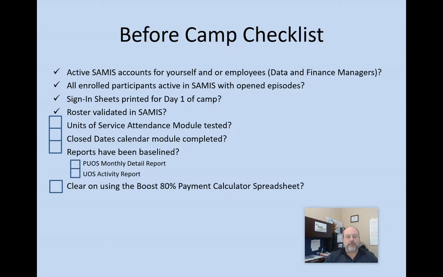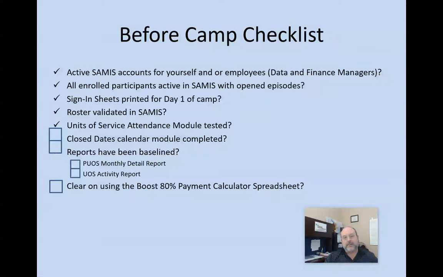Another thing that you'll want to look for is whether or not your closed dates calendar has been completed. We'll get to that next, but you can actually do the closed dates module before testing your Units of Service Input module if you like. The closed dates module is basically a calendar which allows you to close weekends and holidays, and by default all days are open.